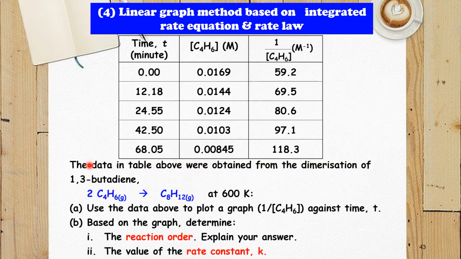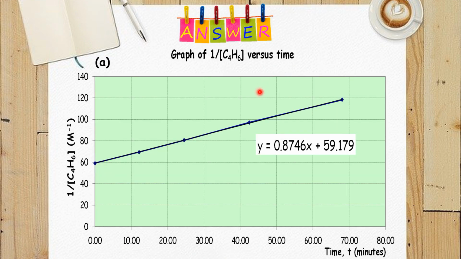Okay, refer back to the table. Alright, so somewhere here, the initial 1 over initial concentration of C4H6 is 59.2. Okay, alright, so this is referred to as 1 over concentration of C4H6 naught. Okay, and then this is a positive graph.